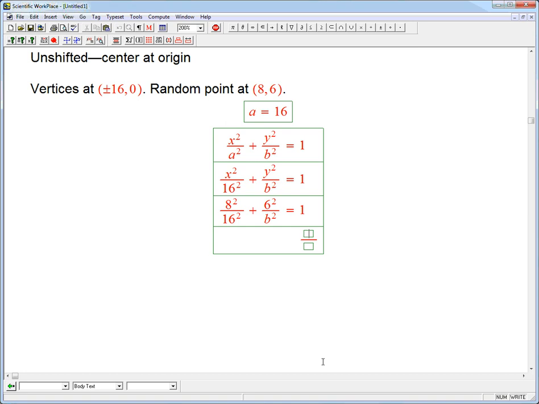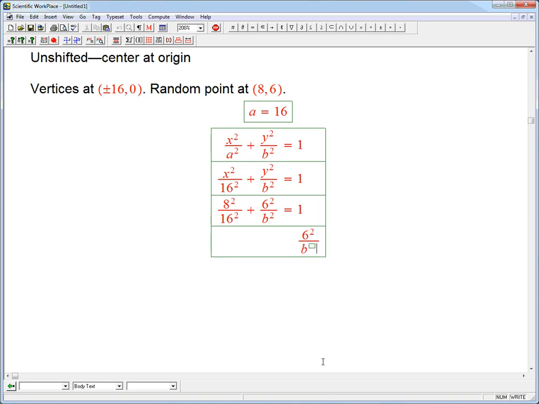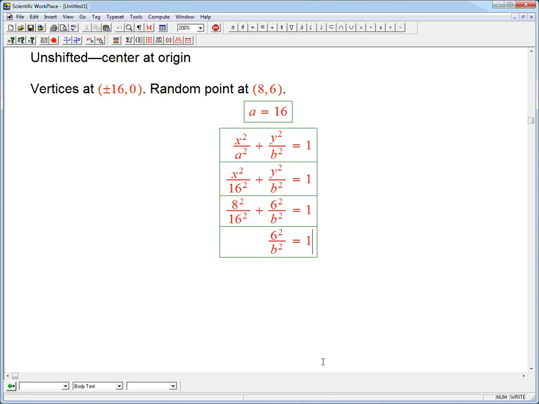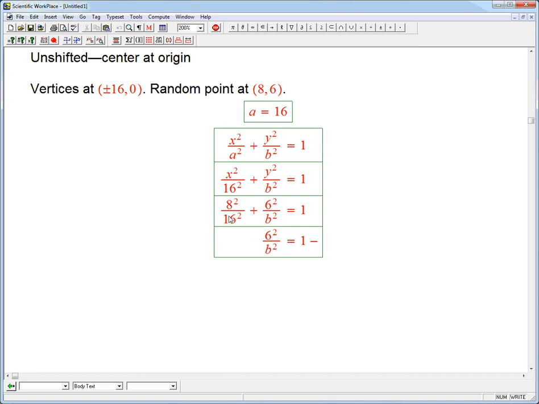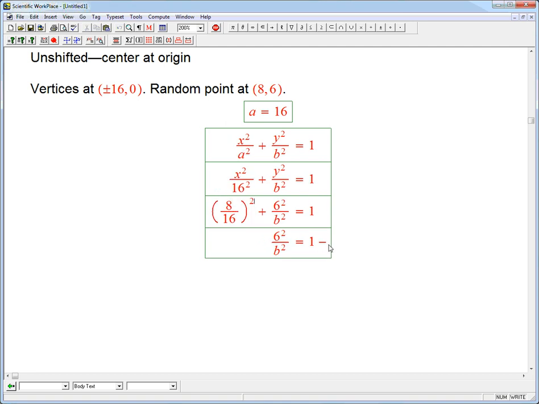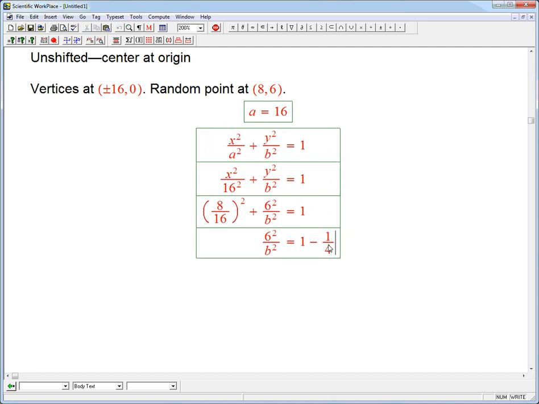Okay, so 6 squared over b squared equals 1 minus, and now 8 over 16 is just a half, so let's rewrite that as 8 over 16 quantity squared. Well, that's just a half squared, or that's a fourth. So that's 1 minus a fourth, and so that's 3/4.